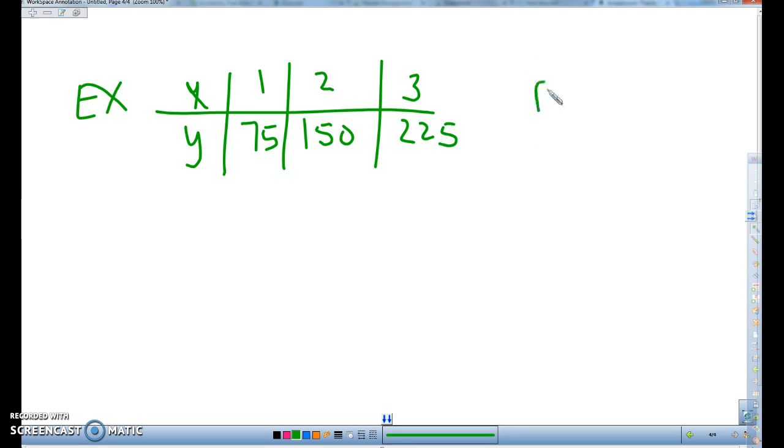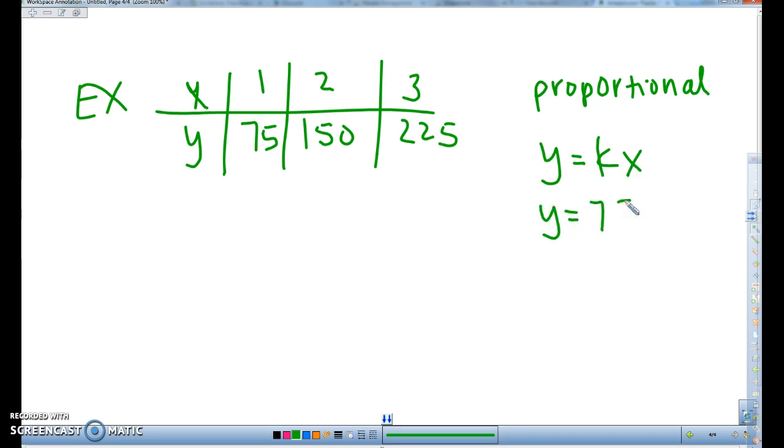So you should have gotten that it is proportional, which means we automatically go to y equals kx, and my k would be 75. So I have y equals 75x.